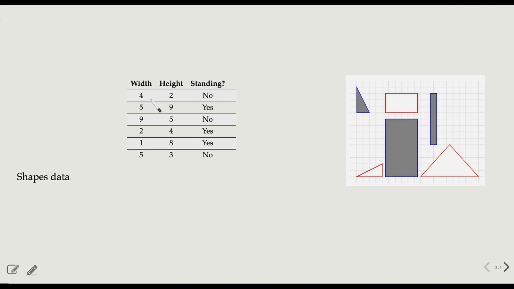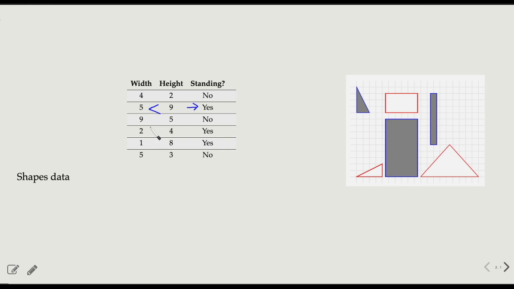The basic observation you can see is that whenever the width is greater than the height, it is not standing. It appears to be lying. And whenever the height is greater than the width, it is standing. So whenever width is less than the height, this leads to standing.